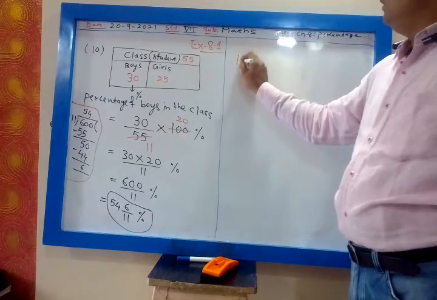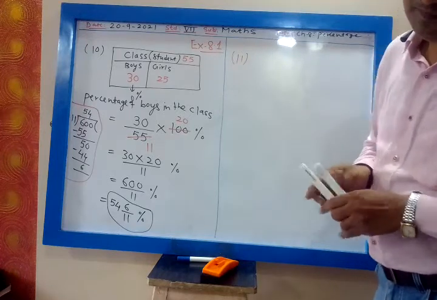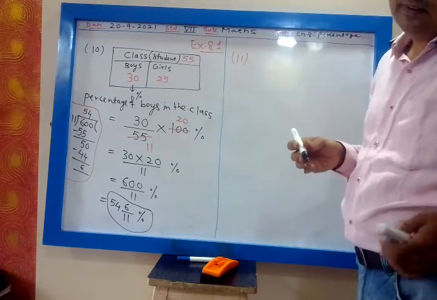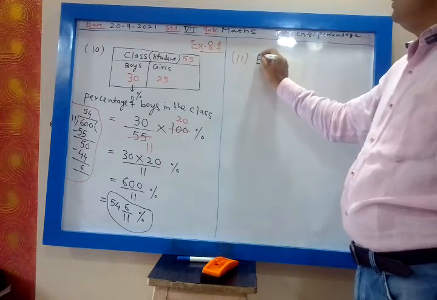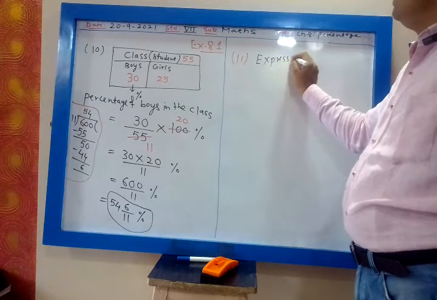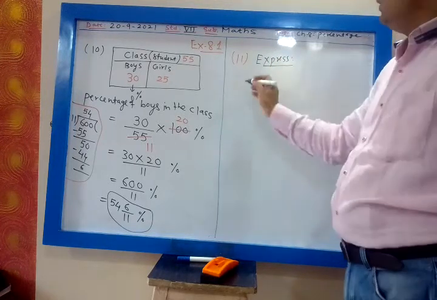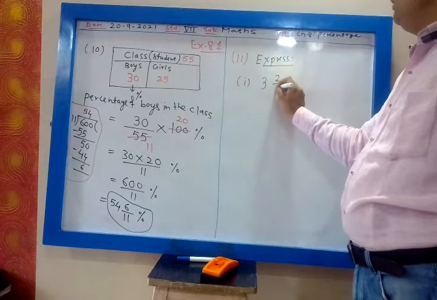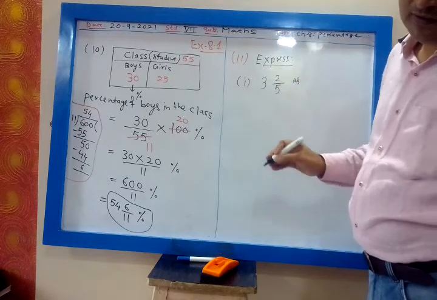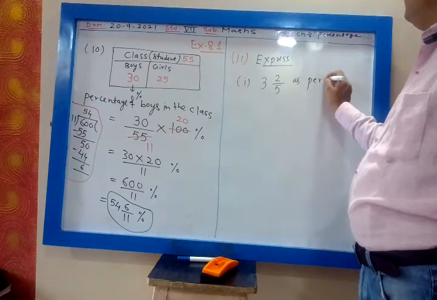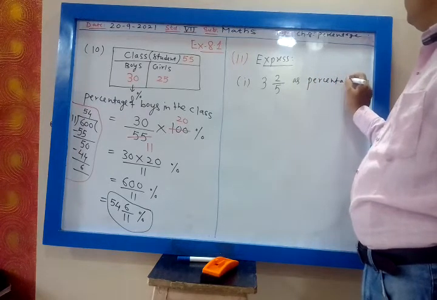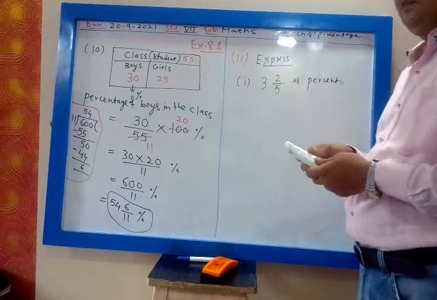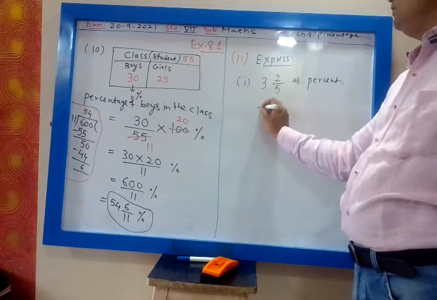How will you convert this? You convert the mixed fraction into an improper fraction. 5 threes are 15 plus 2, 17 by 5.